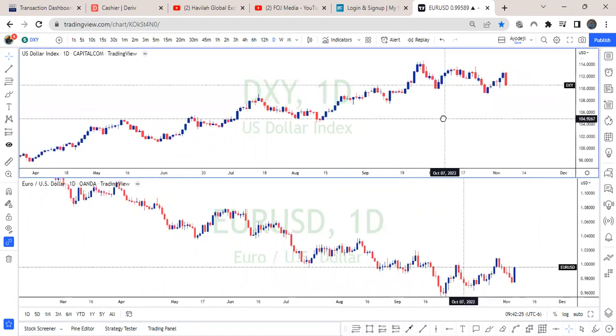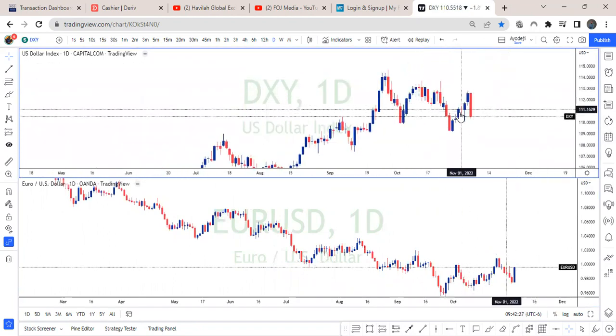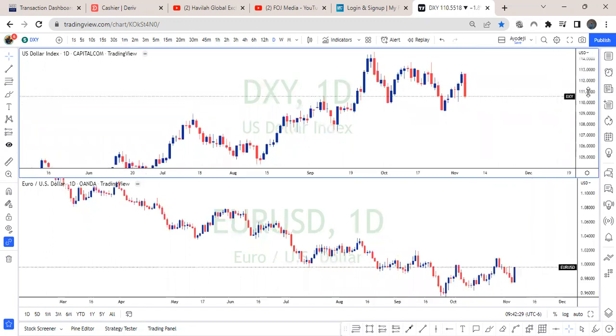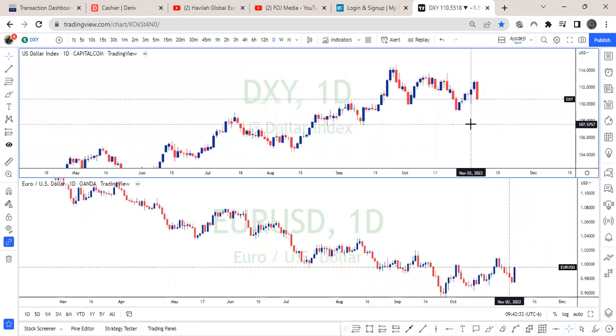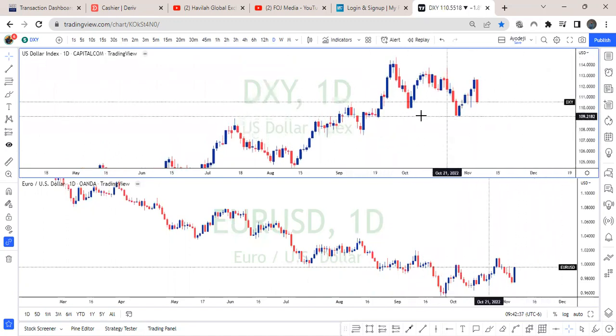So this is DXY. DXY is still bearish. It's still bullish, I mean. Why do I say it's still bullish?